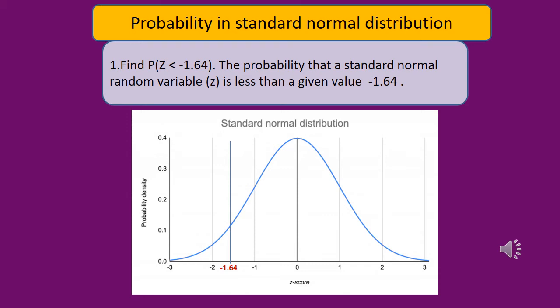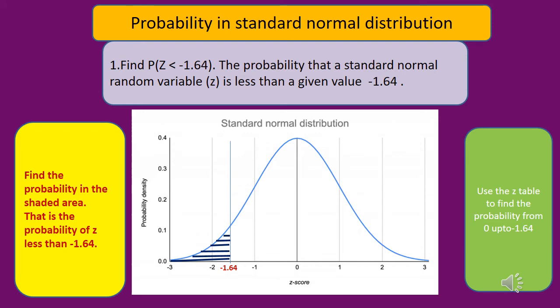After that, you need to shade the area where the standard normal random variable Z is less than the given value, minus 1.64. Then you need to use the Z table to find the probability from 0 up to 1.64.